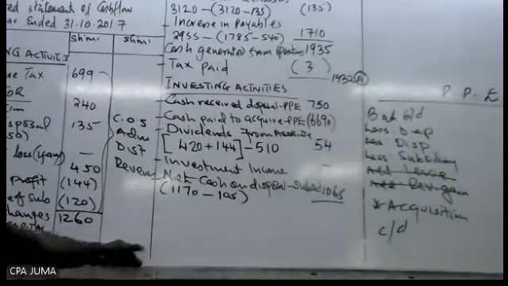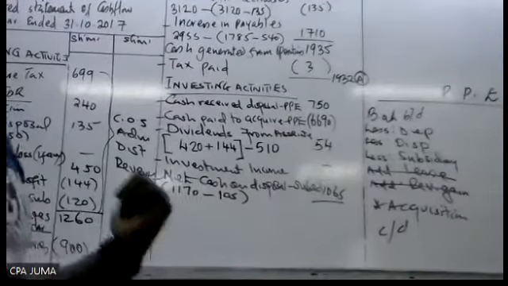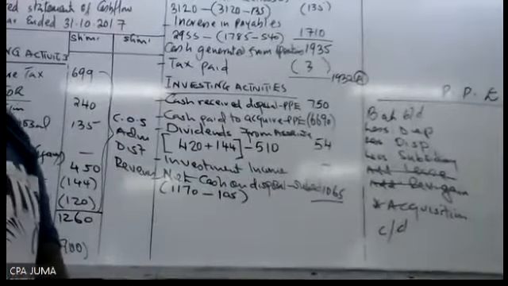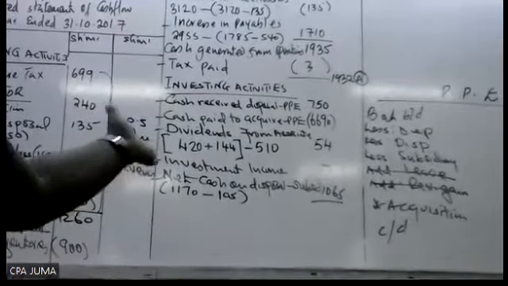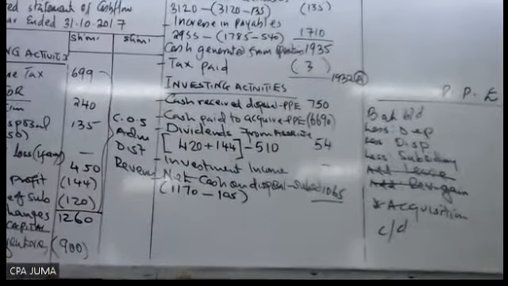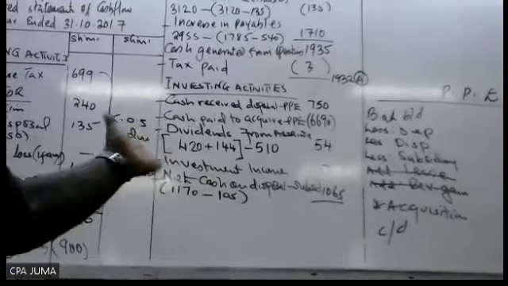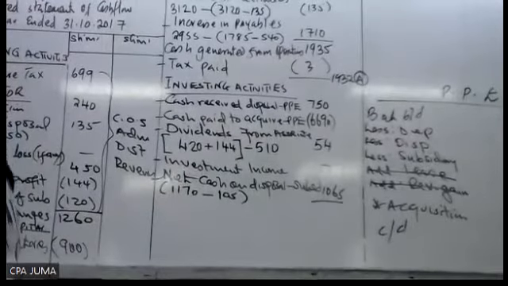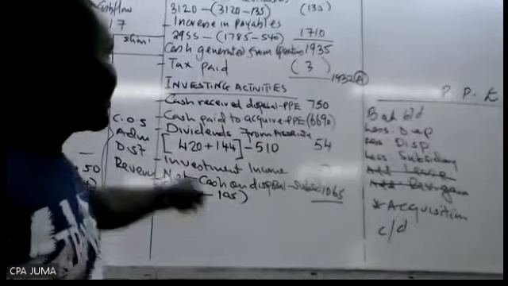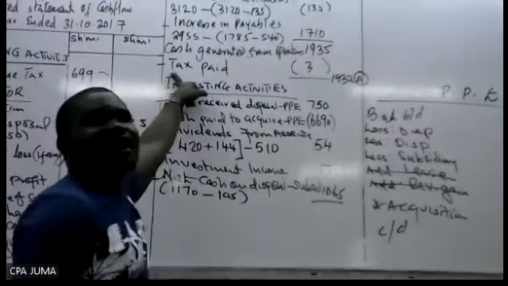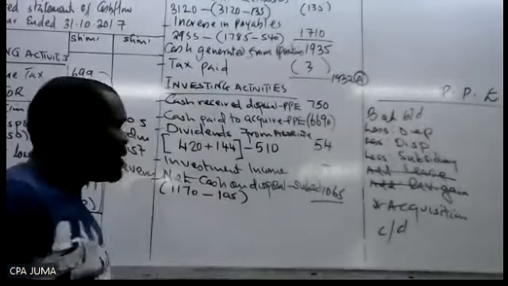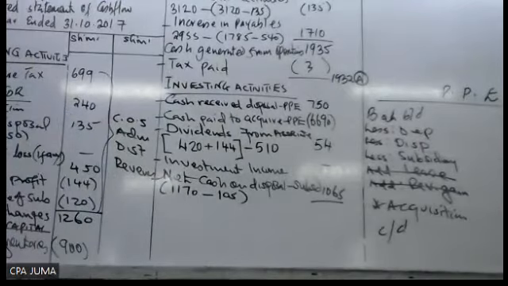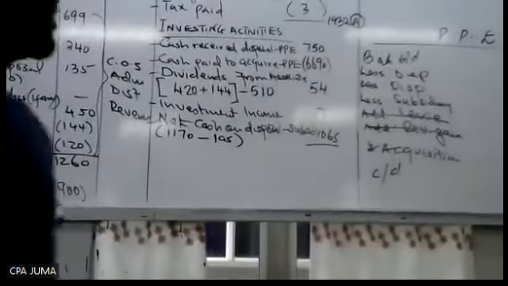But for me and others, we feel dividends should go to financing. The reason being, who are we paying dividends to? The shareholders. Who are the main financiers here? Even interest, because loans are part of financing. But nobody will mark you wrong if you bring them under operating. Ideally, they should be part of financing. So I couldn't mark that wrong. Let's proceed. So this one came to how much?